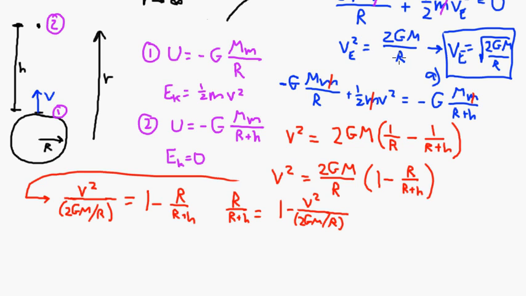Just to back up and make it clear, this term became this term, it just got divided under. This is 2GM over R, which is equal to v_E squared. So what you can actually say, and this should make it nicer, is that big R over big R plus h equals 1 minus v squared over v_E squared.